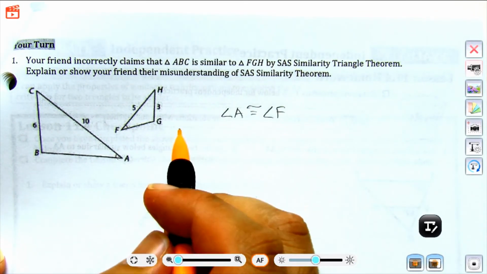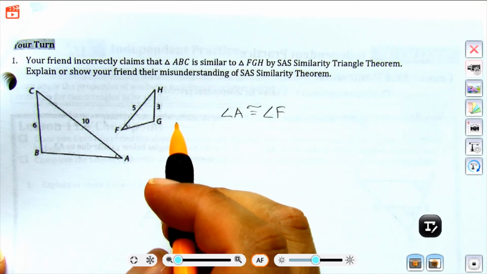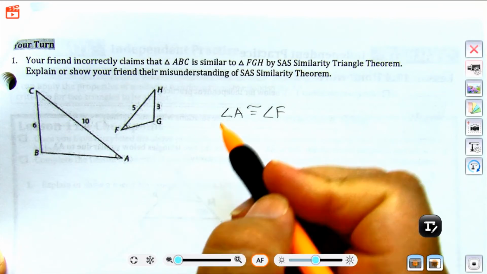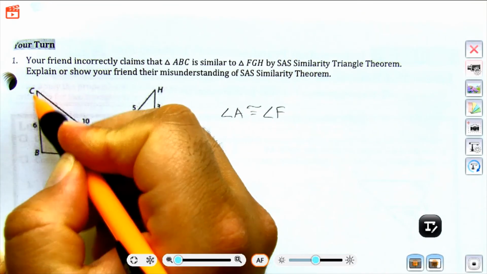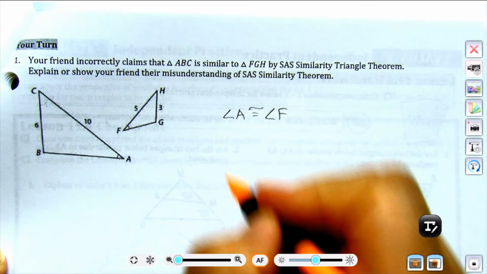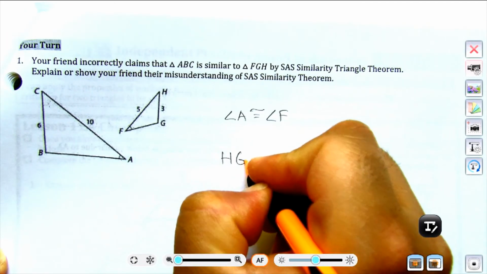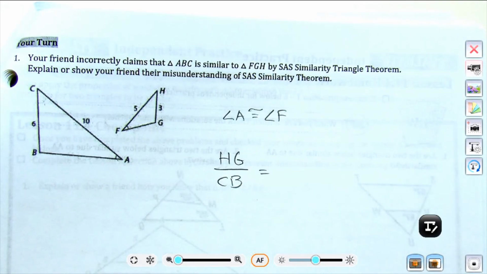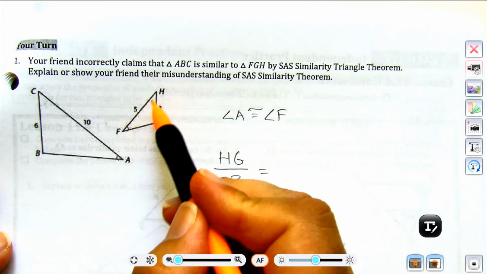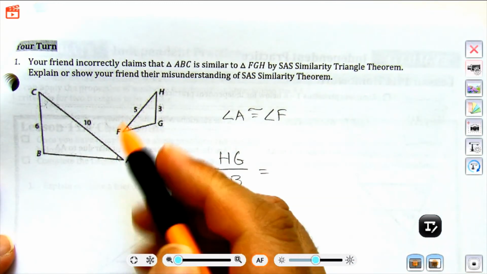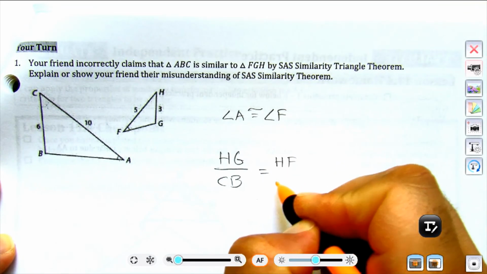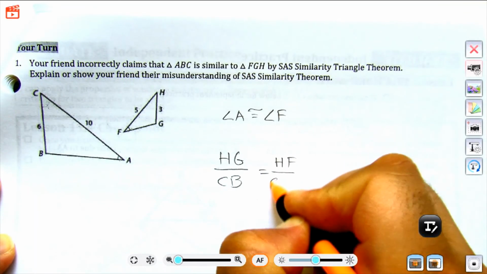Let's check to see if there are any proportional sides. HG and CB correspond. So you could say HG over CB is equal to HF over AC or CA.